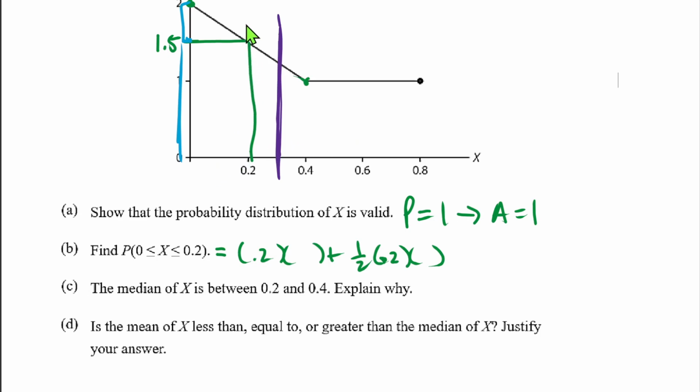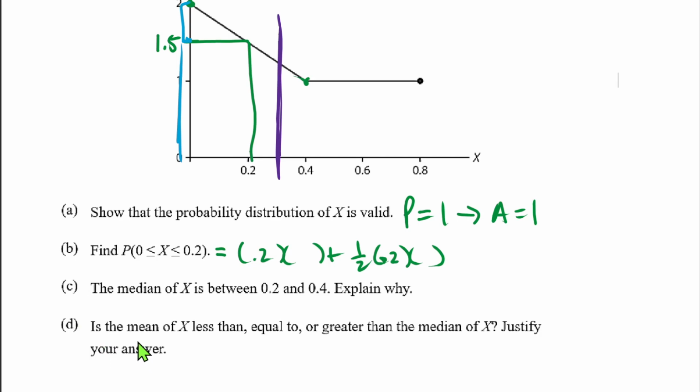And if we put it at 0.2, well, your work from part B will show you that this should come out to be less than half, right? This area here is less than half. And 0.4 also is not balanced either. So that means the balancing point has to be in the middle. I'd like you to write a simple sentence that summarizes that idea.